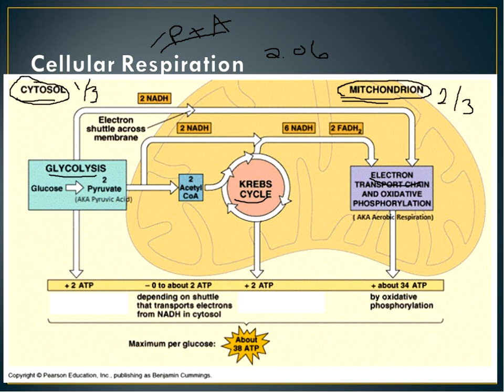And we know the 2 things that go in are glucose and oxygen. The 3 things that come out are carbon dioxide, water, and energy in the form of ATP. So the good news is, guys, and I understand it is quite a bit of information, but if you can memorize one of the equations, you don't have to memorize both.